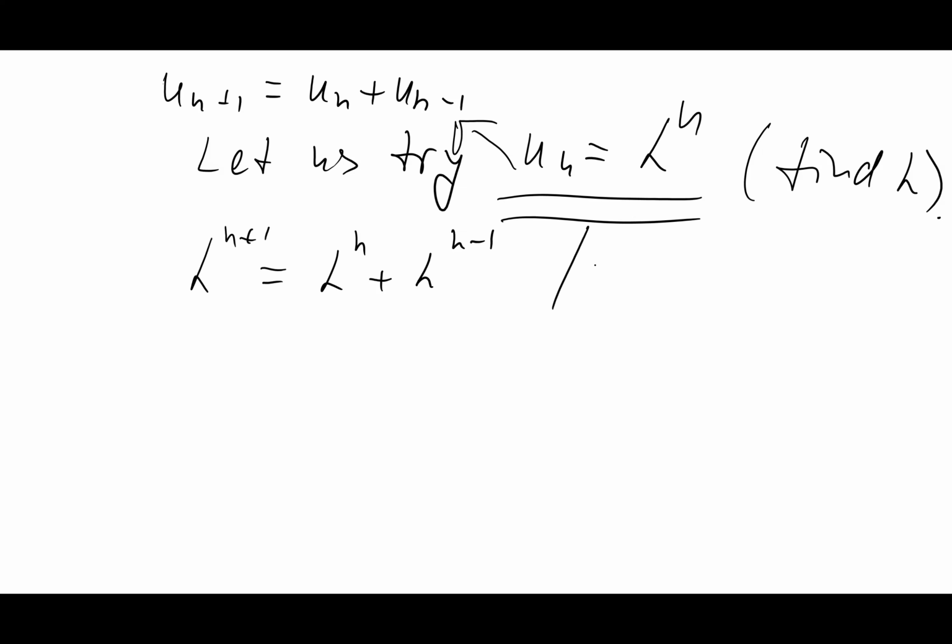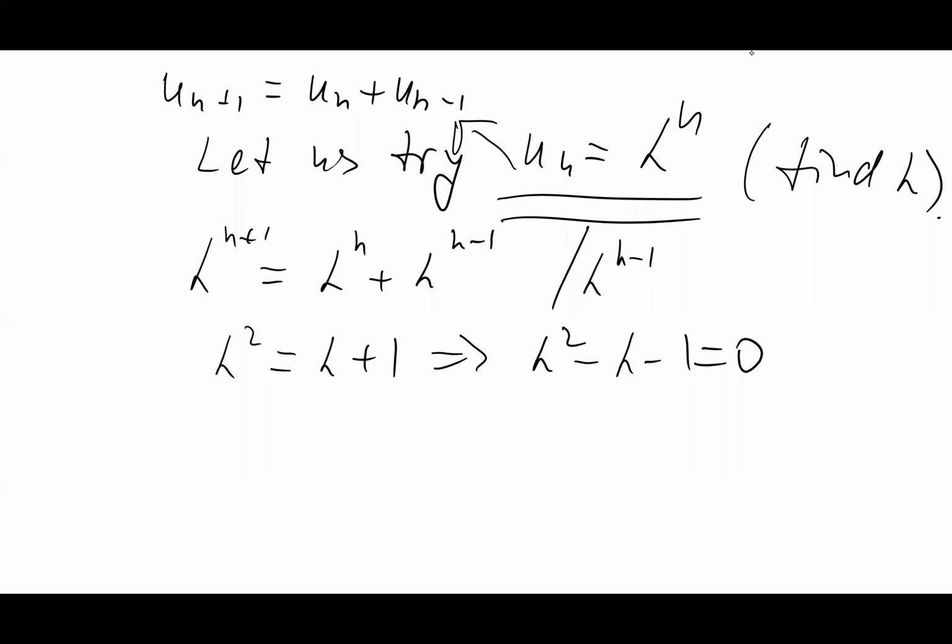If we divide this equation by lambda to the power of n minus 1, it will be lambda squared equals lambda plus 1, or lambda squared minus lambda minus 1 equals 0. So the roots of this quadratic equation, lambda 1, 2, equal 1 plus minus square root of 5 over 2.